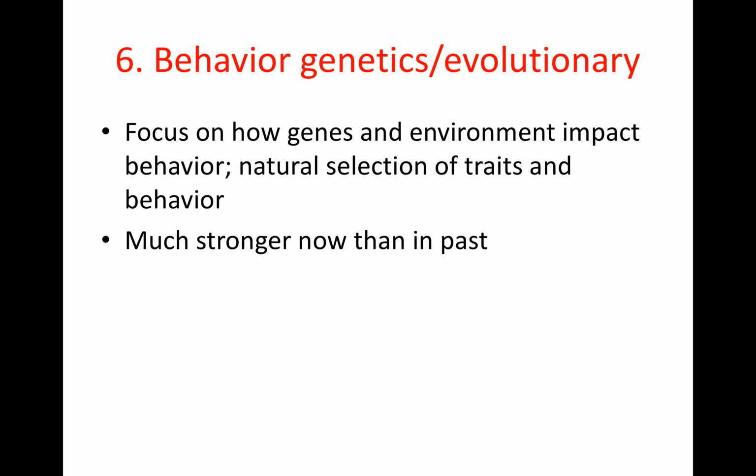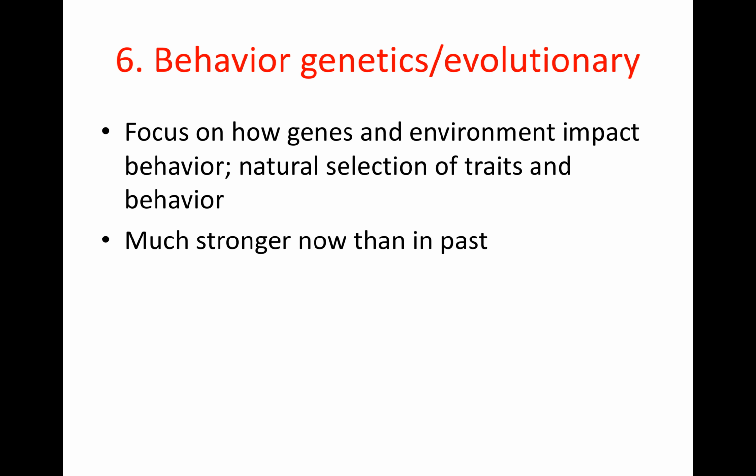Behavioral genetics, or the evolutionary perspective, emphasizes the importance of genetics on the expression of behaviors, and this has changed enormously in the past decade even. We are seeing more and more research that suggests that genetics are important not only in intelligence, but also in personality.